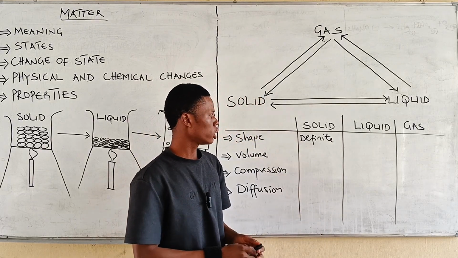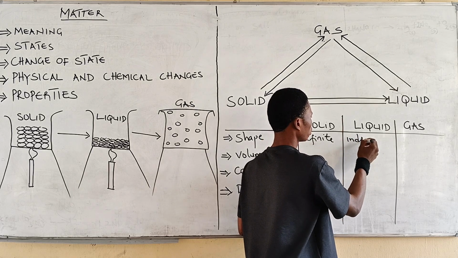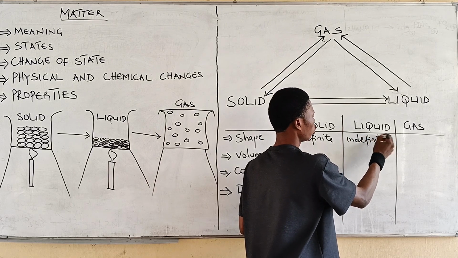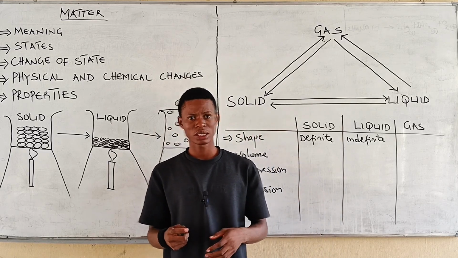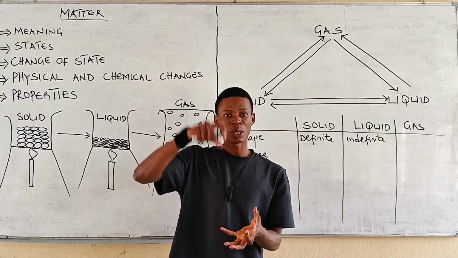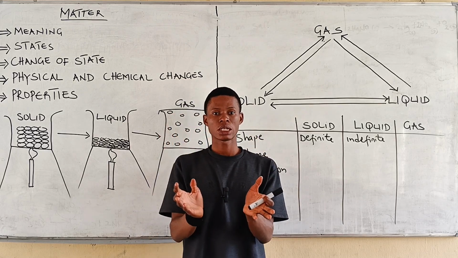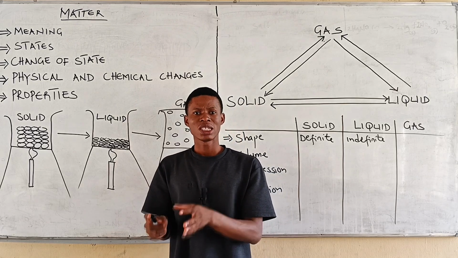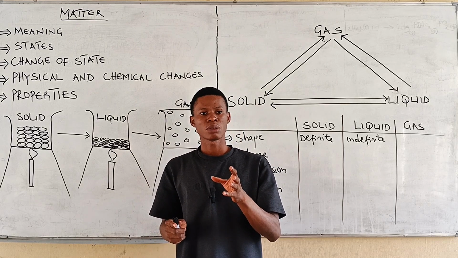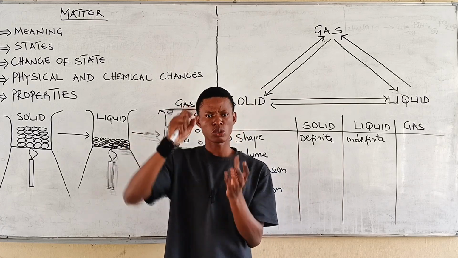But coming to liquid, the shape of a liquid is indefinite. Do you know why? The liquid takes the shape of the container in which it is placed. So for example, if you place a liquid in a bucket, the liquid will take the shape of that bucket. If you put a liquid in, say, a 20 liters rubber container, it will take the shape of that container.